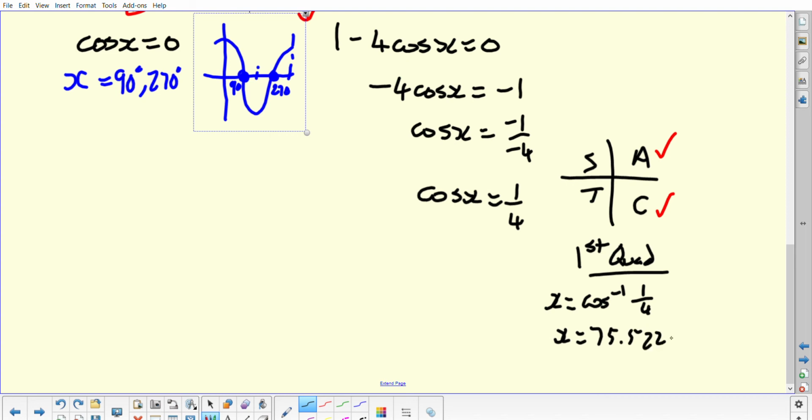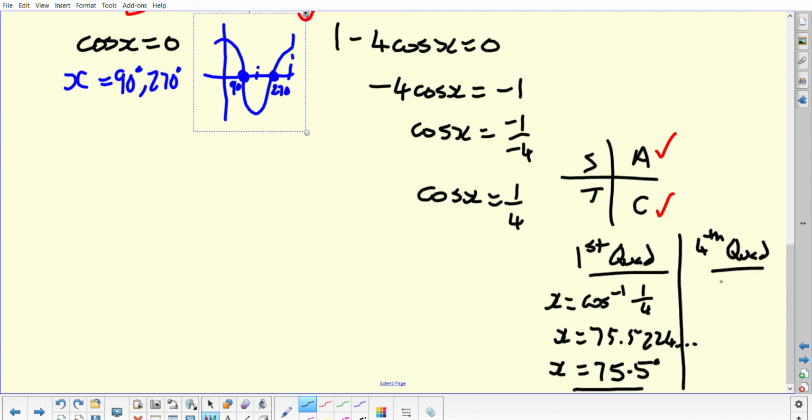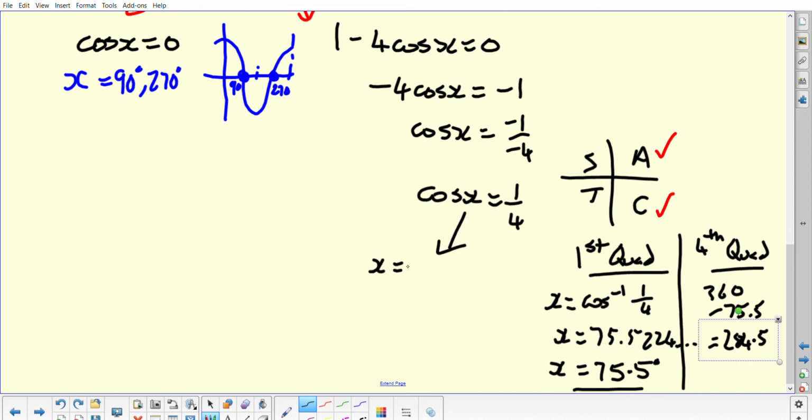75.52, rounding it to 1 decimal place, 75.5. Your fourth quadrant angle, you then do 360 minus that 75.5, so our fourth quadrant angle will be 284.5. So the two solutions that you're looking at are 75.5 and 284.5.